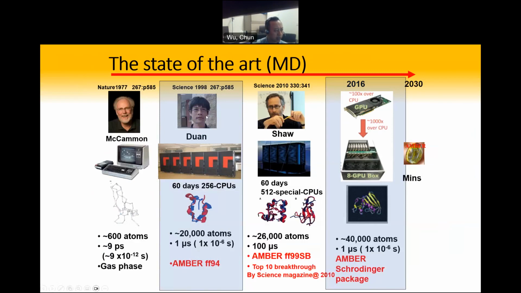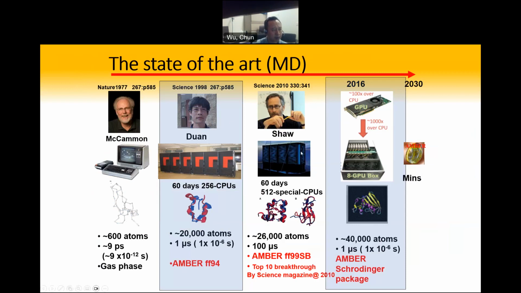In 1998, my PhD advisor, Dr. Duan, was able to use a supercomputer to simulate a small protein in a water box for almost a million-fold longer time. And you see, it's not folded into the native structure yet.